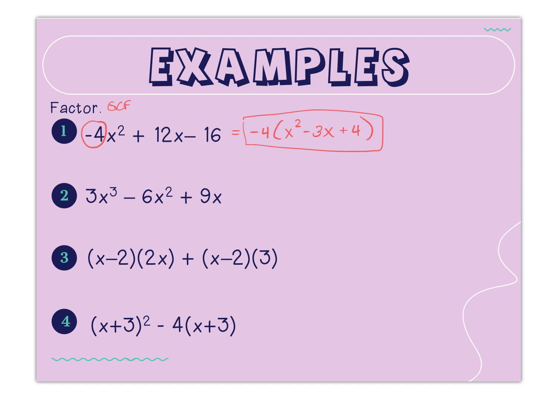And again, you can always FOIL, or not FOIL, but distribute or multiply to just double check your answer. If I distribute that -4, notice that I should end up with the same trinomial that I started with, and I do. Okay, so you can always check your answers by just multiplying out, making sure it works.